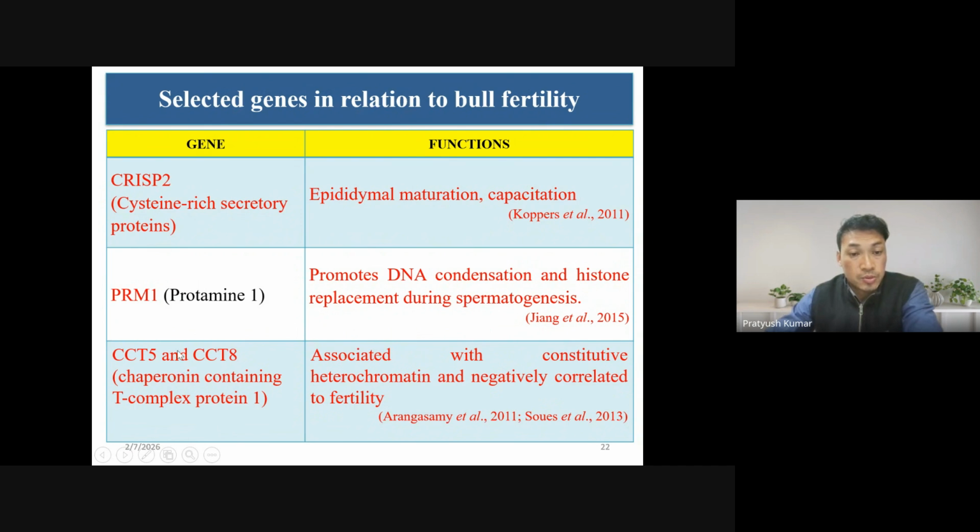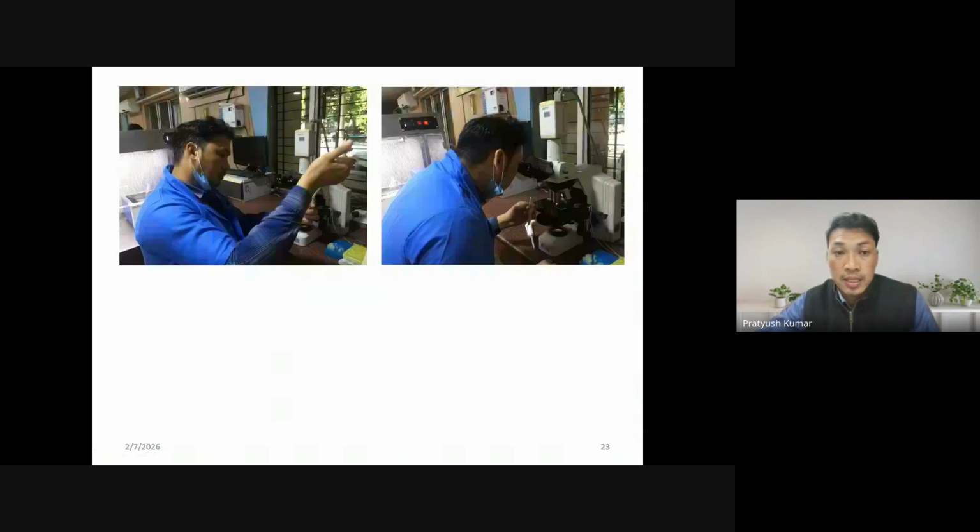Protamine 1 promotes DNA condensation and histone replacement during spermatogenesis. Very important. CCT5 and CCT8 are associated with constitutive heterochromatin. Some of the genes are positively correlated, and some genes negatively correlated.